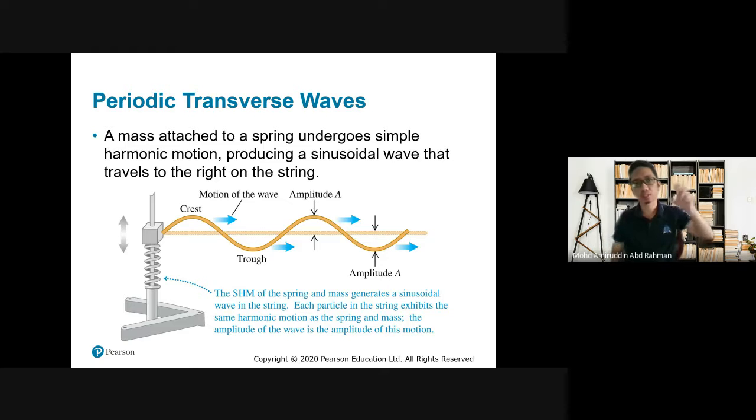It's following what we did using our hand, pushing it up and down, up and down. That's what we call a periodic transverse wave.